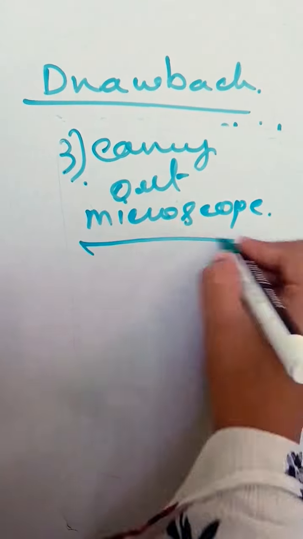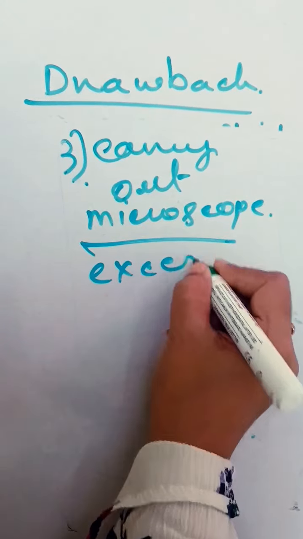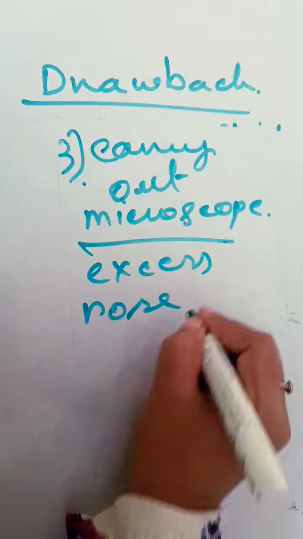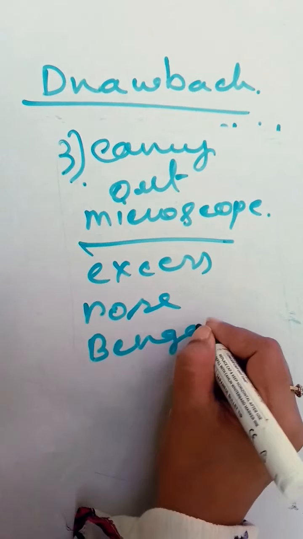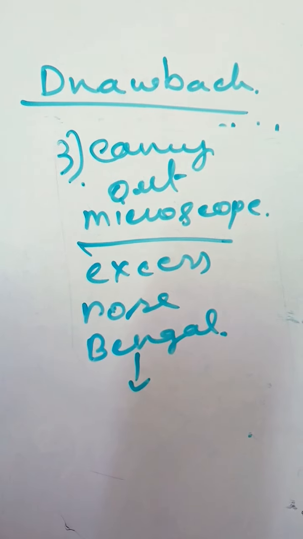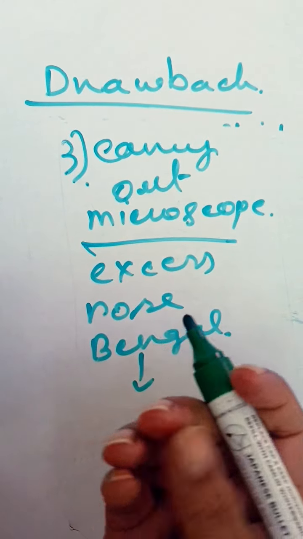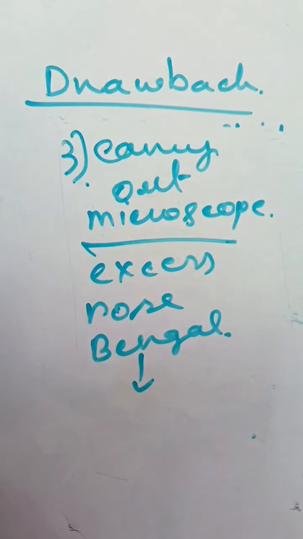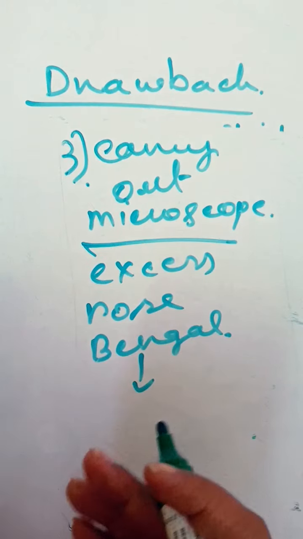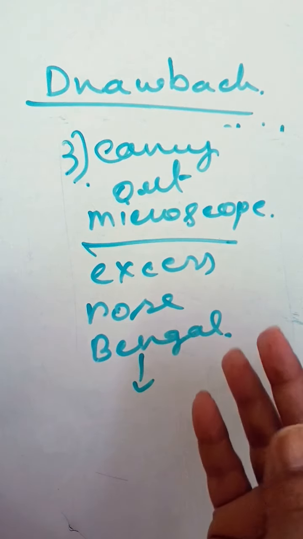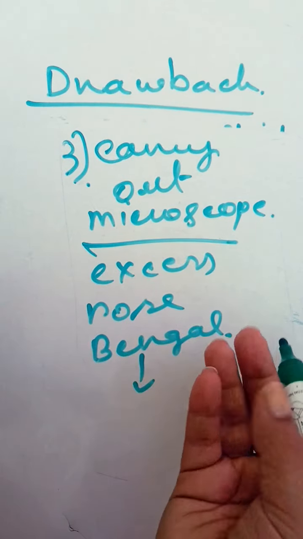If you add an excess amount of rose Bengal stain, it will also stain some other particles of the soil. The soil particles also stain very faint or light pinkish in color. So sometimes people think, oh, this is also a bacteria, maybe it doesn't take the stain properly.